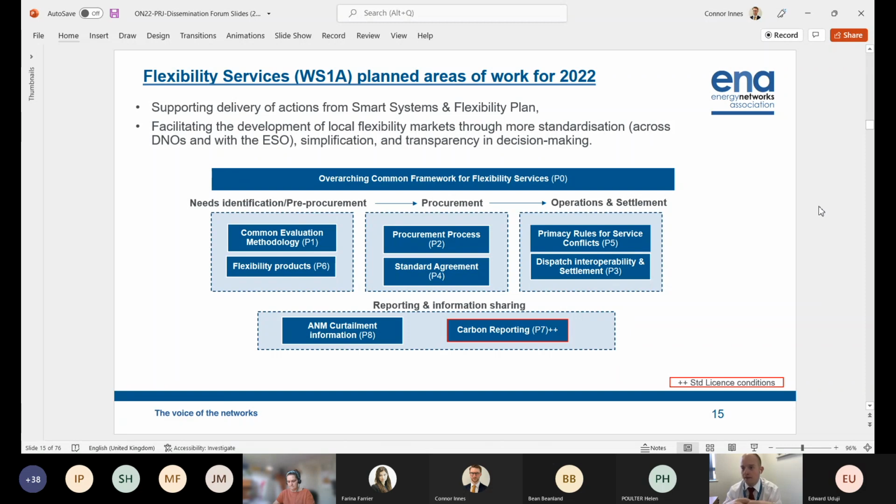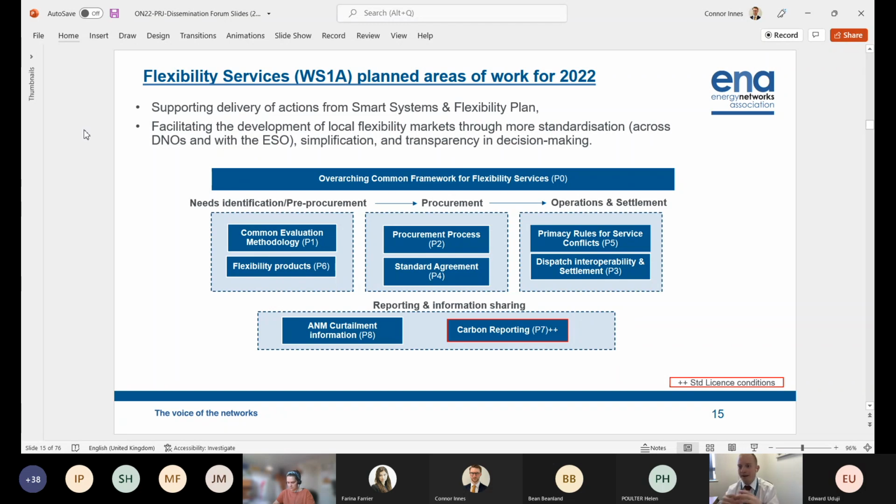This product is very much about doing a horizon scan of other products that might need to be developed or existing products that might need to be tweaked to better facilitate participation. So seeking feedback from the market, making sure that everything is working for both network operators and also flexibility service providers, and ensuring that we've got a continued review process to make sure that the products that we're offering are really hitting the spot and delivering what is needed from the market and for the system.